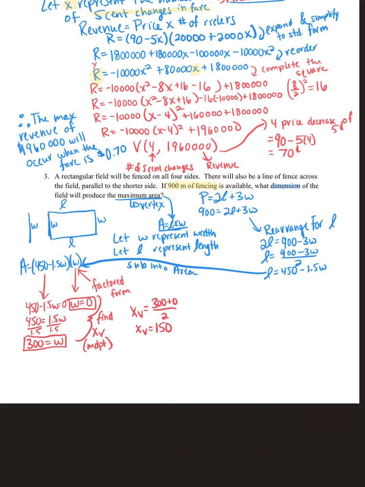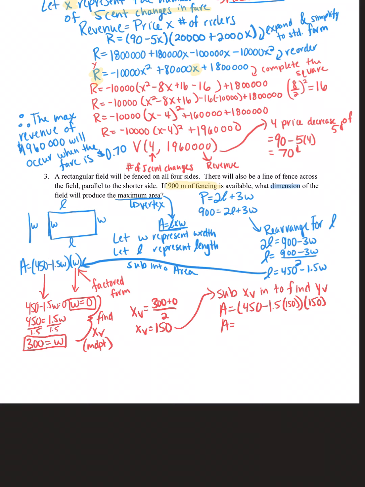Okay, so 150 will represent my x value. Remember what our x value represents in this equation. We'll come back to that. So let's sub that in to find the y value of our vertex. So remember, area equals 450 minus 1.5 times, we just found our x value to be 150, and then that's going to be times 150.